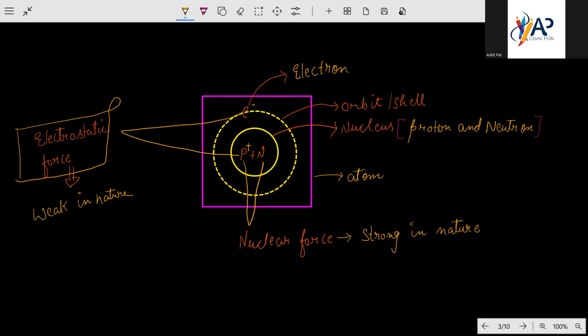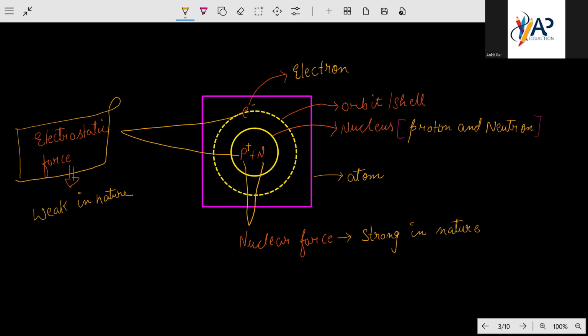Can you tell me why electrons lose their orbit, but protons do not leave the nucleus? Very good. Because the electrostatic force is weak in nature, electrons can leave their orbit or shell.